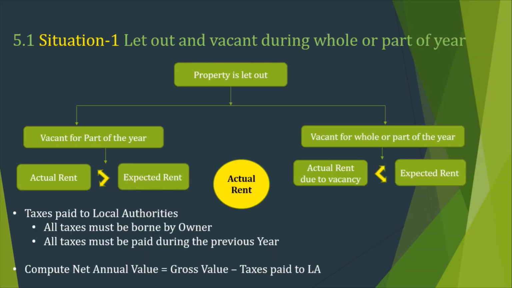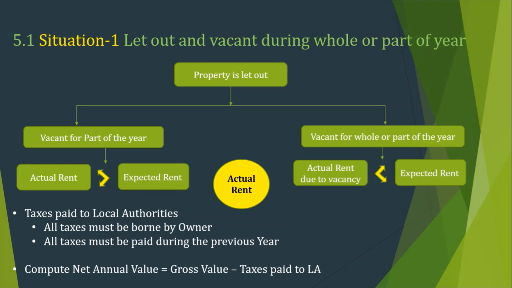Now situation number 1, let out and vacant during the whole or part of the year. Suppose there is a house property which is let out but vacant. Condition 1, vacant for part of the year. If the actual rent received is more than the expected rent, then the actual rent shall be the gross annual value.